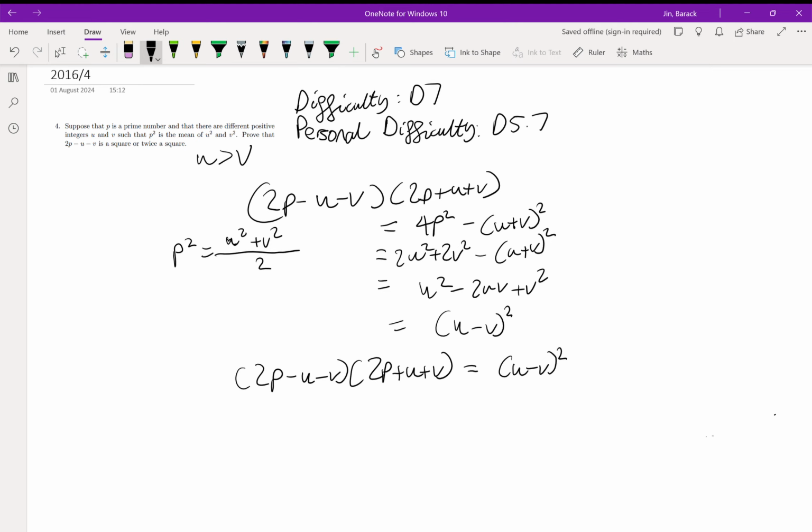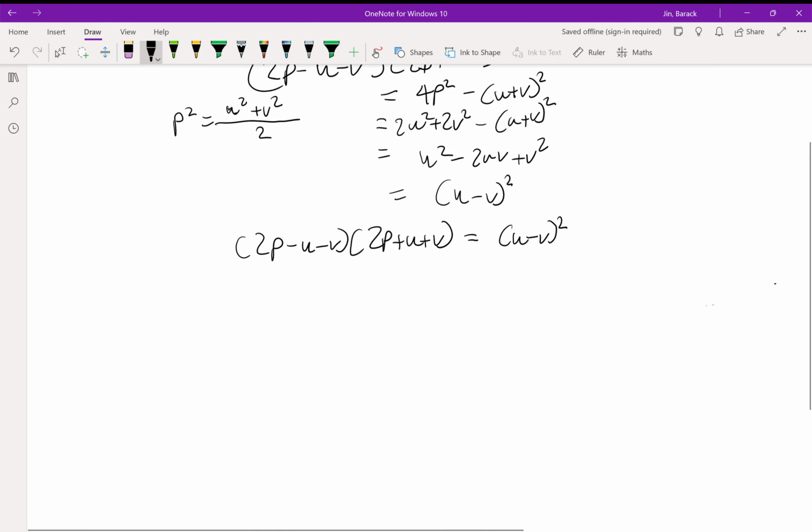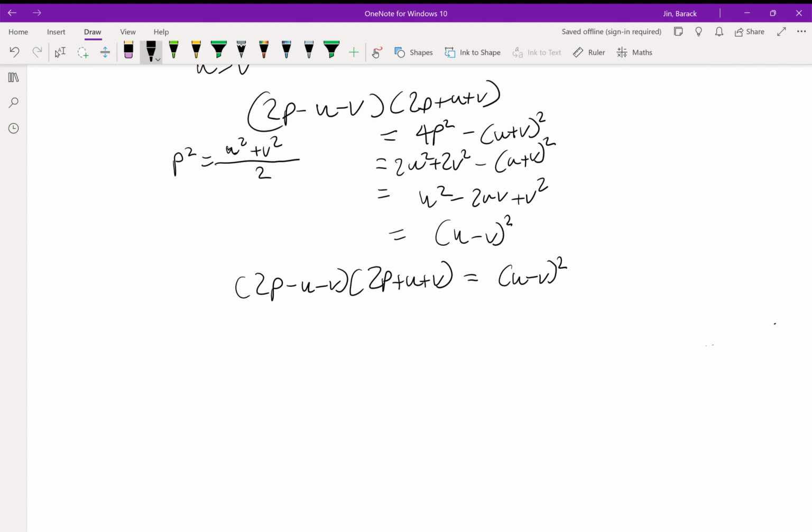And now, what we're going to be thinking about is the shared prime factors, because it's a square, all the powers of everything are a multiple of 2. And basically, if a prime factor is not shared, then all of these will go to one or the other, and so each of these things is going to be a square.